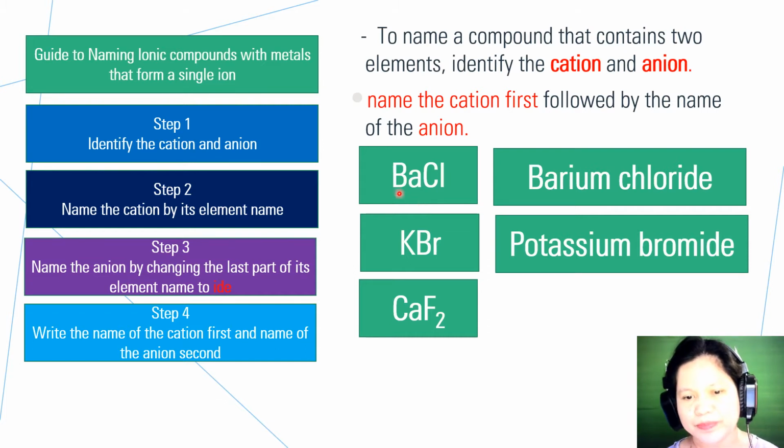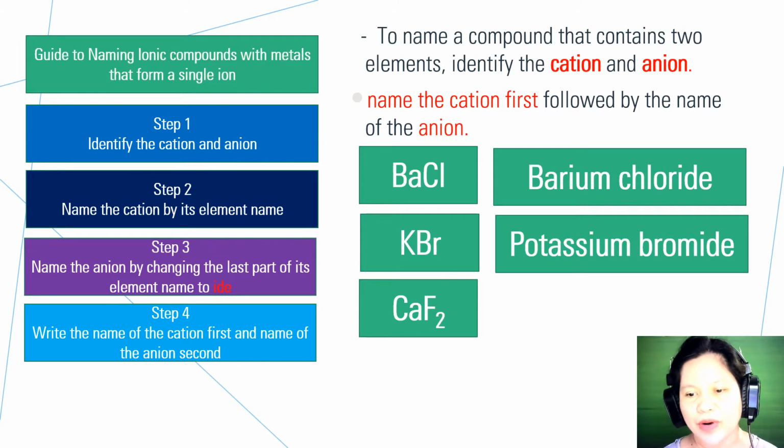Okay, remember, let's get a highlighter. Okay, calcium is a positive 2, while fluorine has a negative charge.